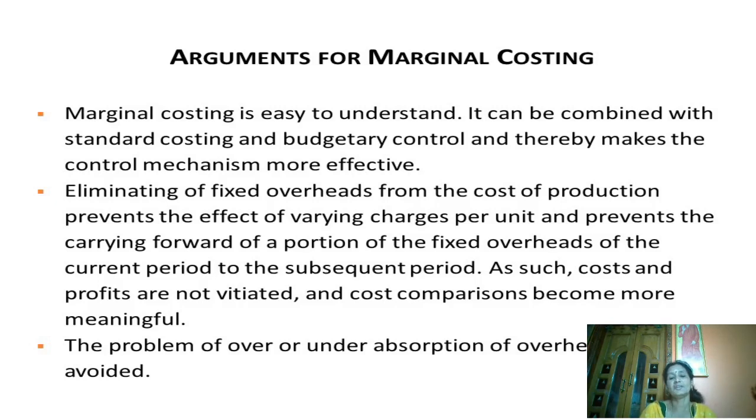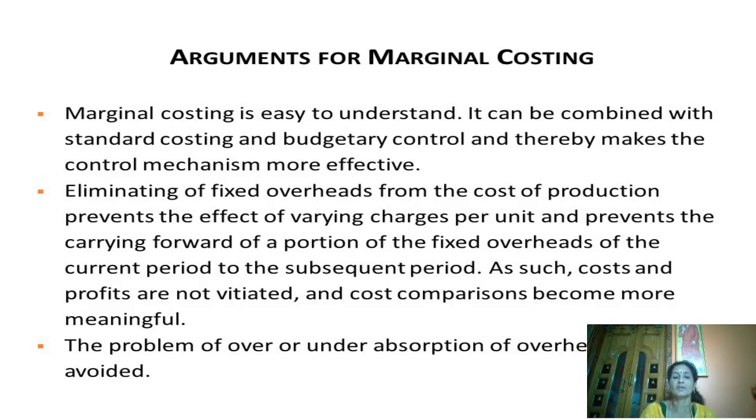Eliminating fixed overheads from the cost of production prevents the effect of varying charges per unit and prevents the carrying forward of a portion of the fixed overheads of the current period to the subsequent period. As such, cost and profits are not vitiated and cost comparisons become more meaningful.